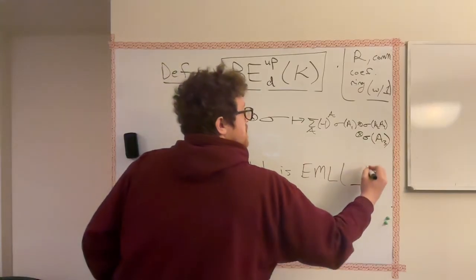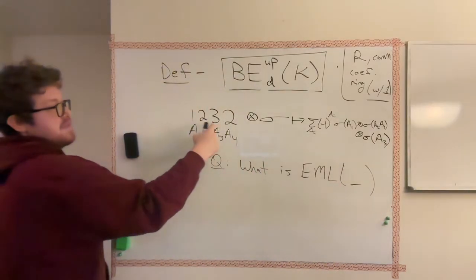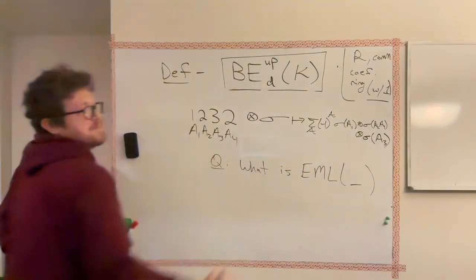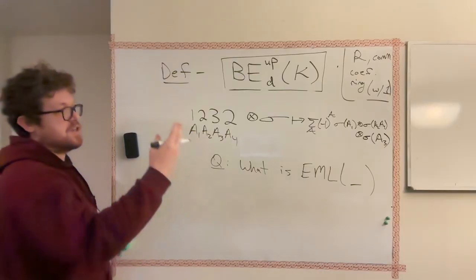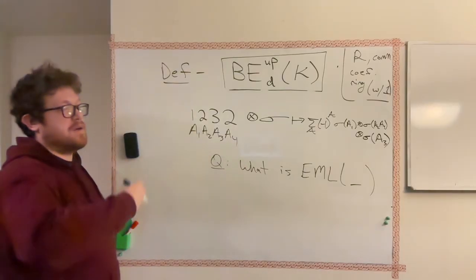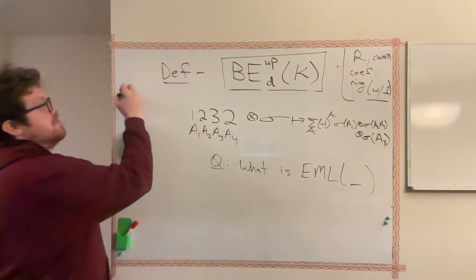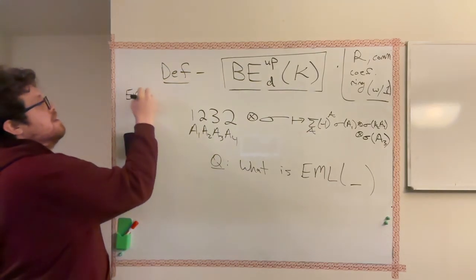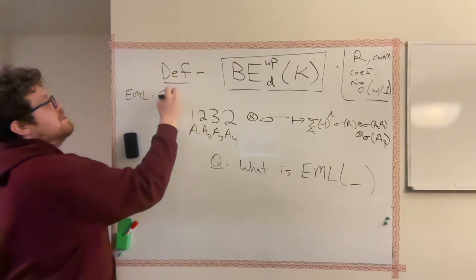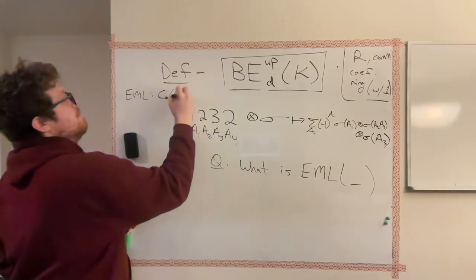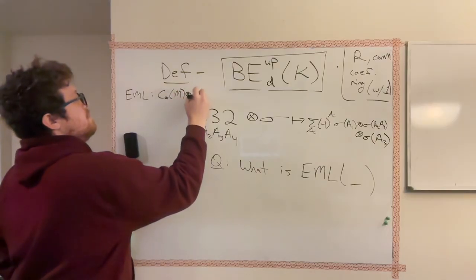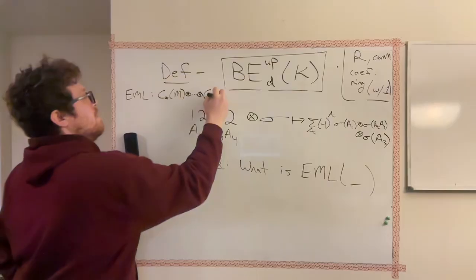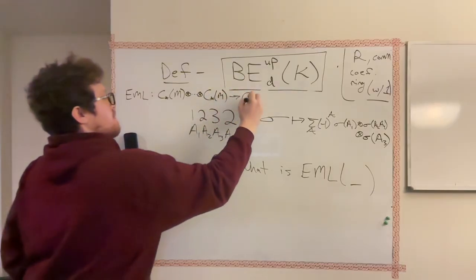Remember, EML is one of the maps that goes from tensor products back into Cartesian products. So EML is a map from C star of M tensored some number of times with itself, and then we map into Cartesian products.